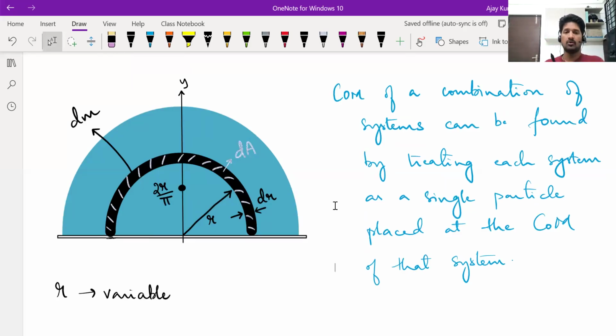What is the place where you will put all that mass? The center of mass of that semicircular ring, that dot that I have shown there. So you'll assume all the mass dm is present at this y coordinate 2r by pi. The semicircular ring's mass can be treated as a point mass placed at that position.